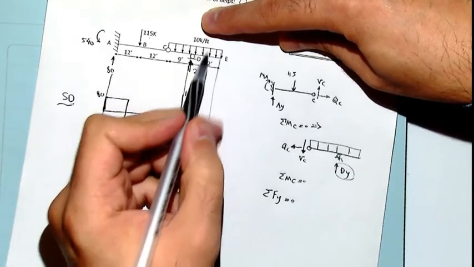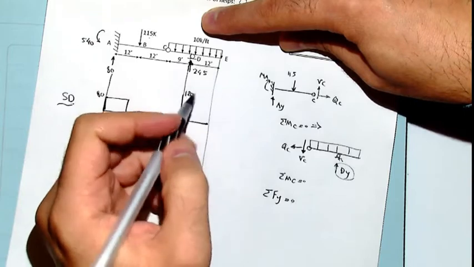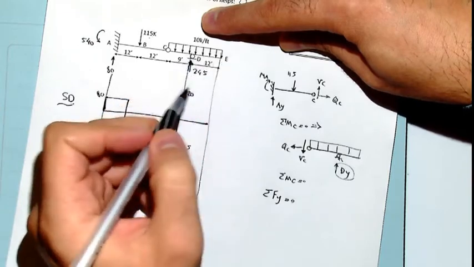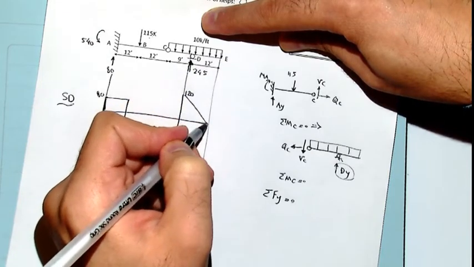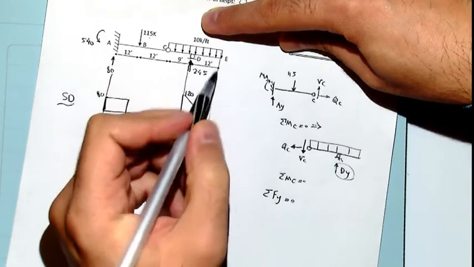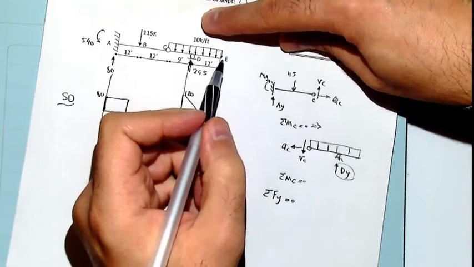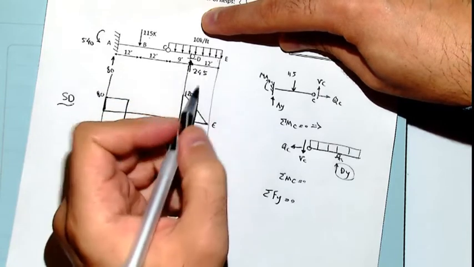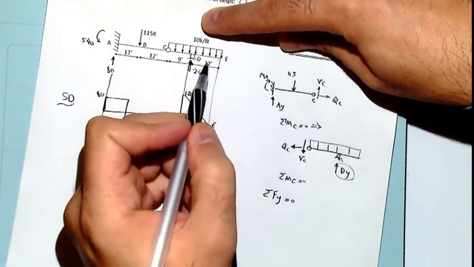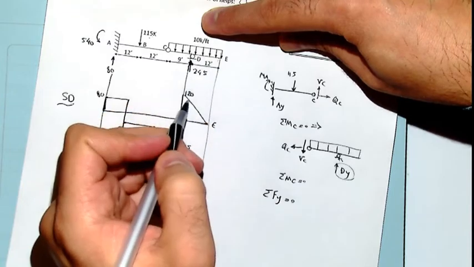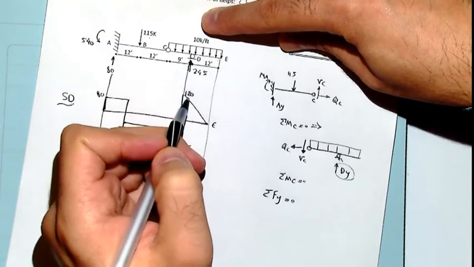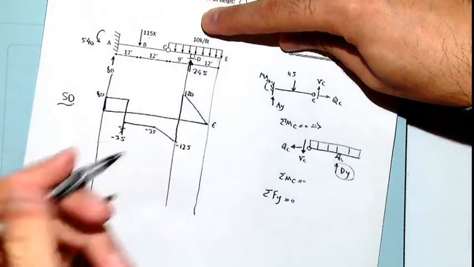Then it's going downward, so it tells me I have to go down. It's a straight line, it should be linear. I have to reach 0 at E, because if you have no reaction here, the area of this one is 10 multiplied by 12, which is 120, minus plus 120 would be 0. So my calculation is correct.